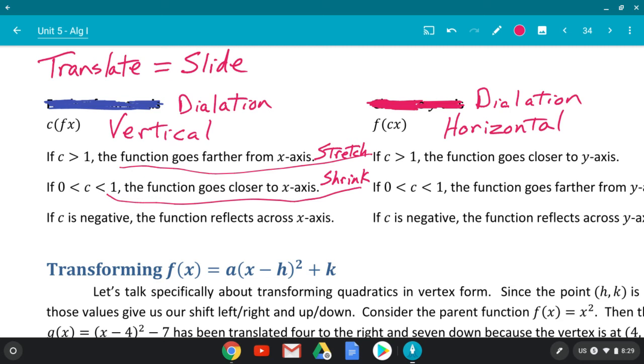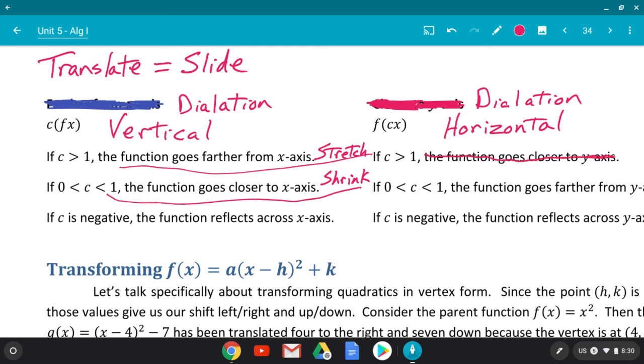Let's go to horizontal. What have we already learned about horizontal? Well, we've already learned that it's inside the parentheses, and it's not what we expect, right? So if C is greater than 1, what would we initially think?